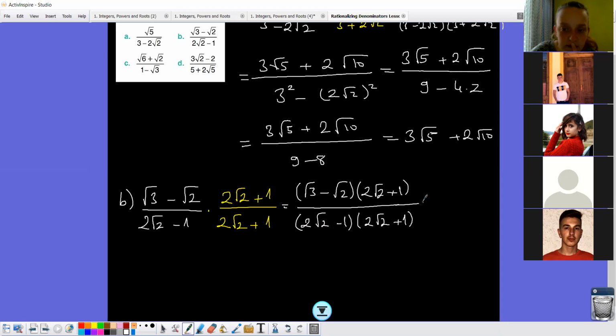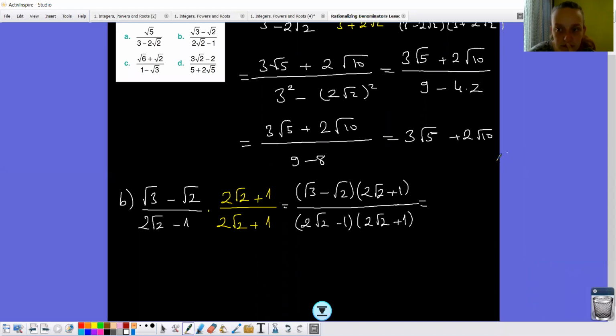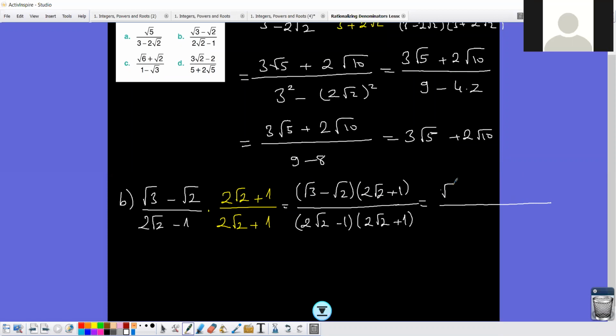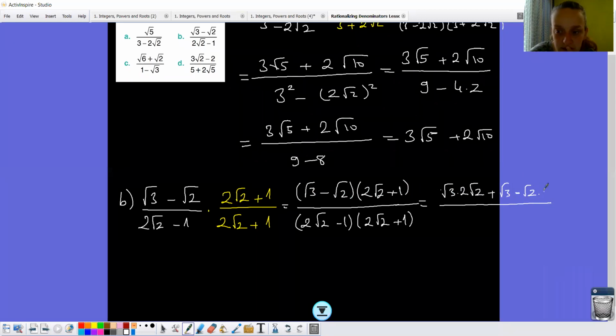Now, let's see what we'll have here. Root 3 times 2 root 2, what will be? Let me write. Root 3 times 2 root 2, which is root 6 times 2, plus root 3 times 1. And here I have minus root 2 times 2 root 2. Minus times plus will be minus.